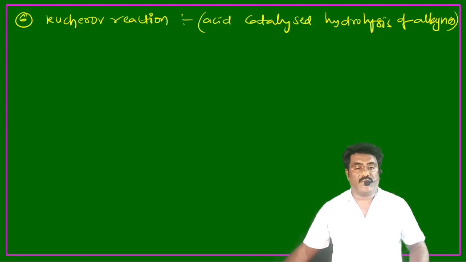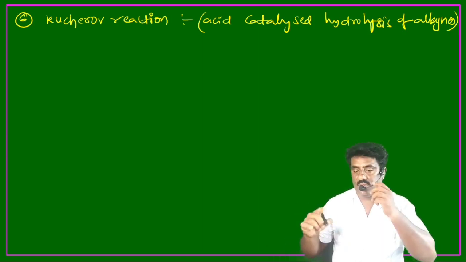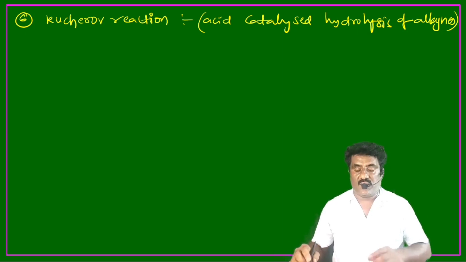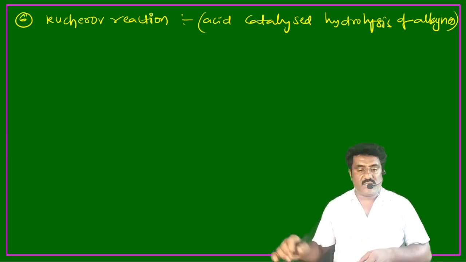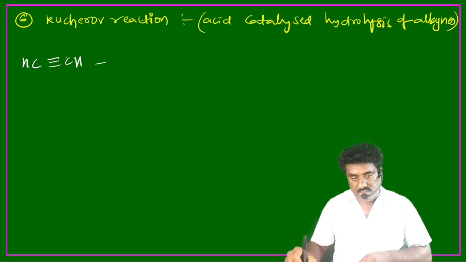Have a look at the next method. Kucherov reaction, acid catalysis hydrolysis of alkyne. This reaction we also discuss in the alkyne chapter, so once again I can revise. See, alkyne, CH triple bond CH, in presence of what reagent?